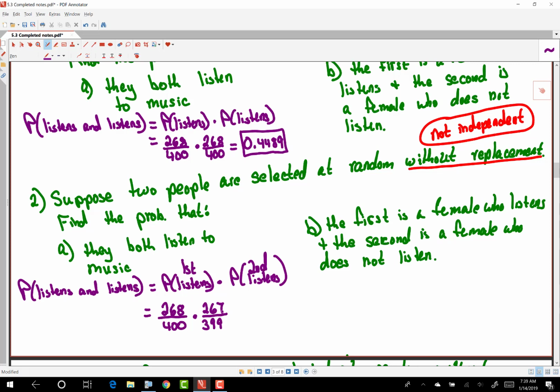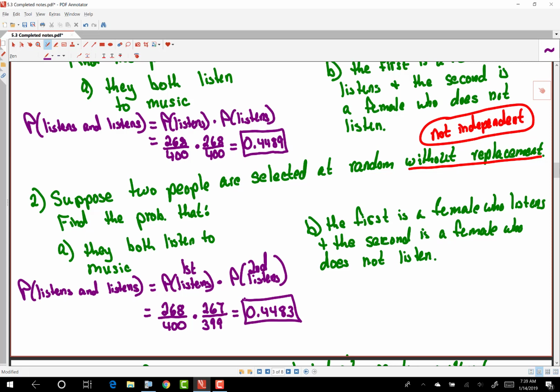And you'll multiply that just like I did the last one. You're going to just type in 268 divided by 400 times 267 divided by 399. And this time we get 0.4483. So slightly less probability of that happening if we do it without replacement.